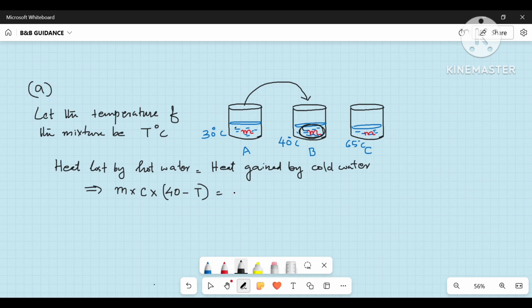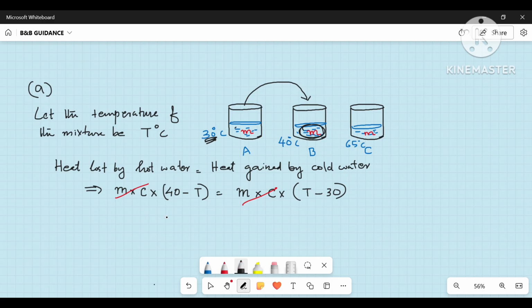Here heat gained by cold water. Mass of cold water is m. Specific heat capacity is the same C. That's a rise in temperature. From this 30 degrees Celsius, it reaches a temperature T degrees Celsius. That means the rise in temperature is T minus 30. Very easy. This mC and this mC will be cancelled.